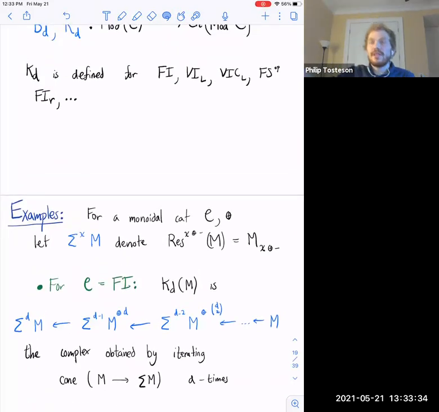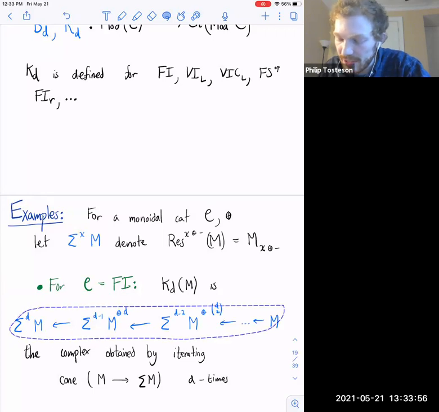So to Neer's question, the reason why this is slightly different from FI module homology is because of the fact that we restricted along this symmetric monoidal product. So when C is equal to FI, this complex can be kind of familiar.